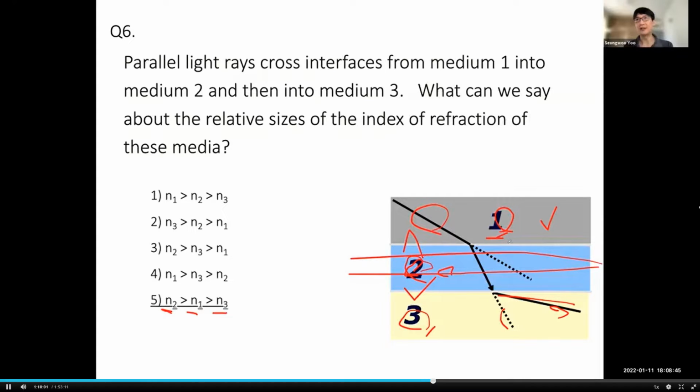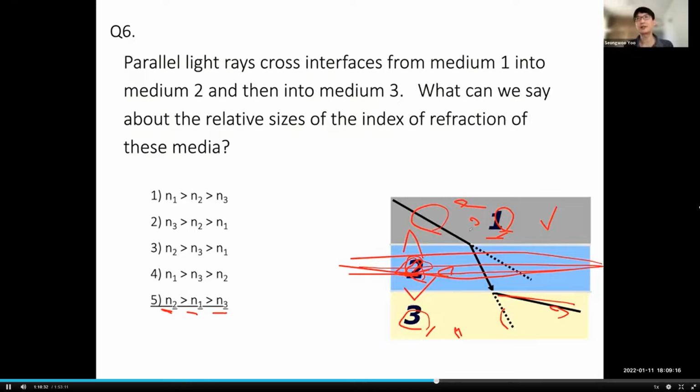You can come to this conclusion by comparing the bending direction. All right. When the light travels from the medium 1 to 2, you see that the light bends toward the medium 2 because the medium 2 has a higher refractive index. Okay, and then you will apply this to compare the index between 2 and 3. And when you want to compare the index between 1 and 3, the trick is you just ignore the intermediate medium.